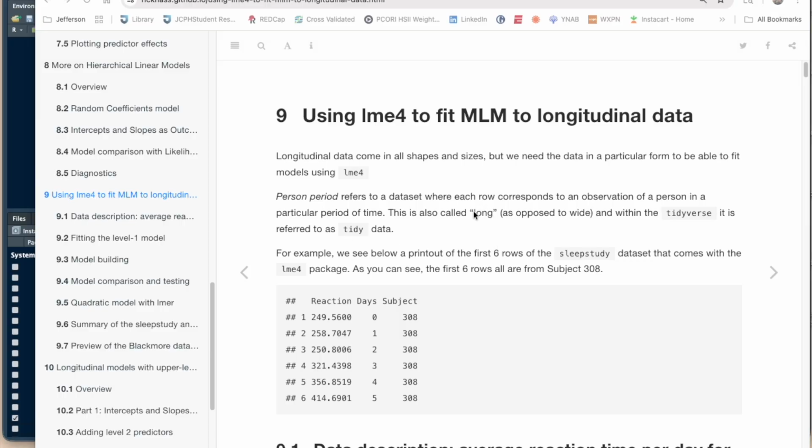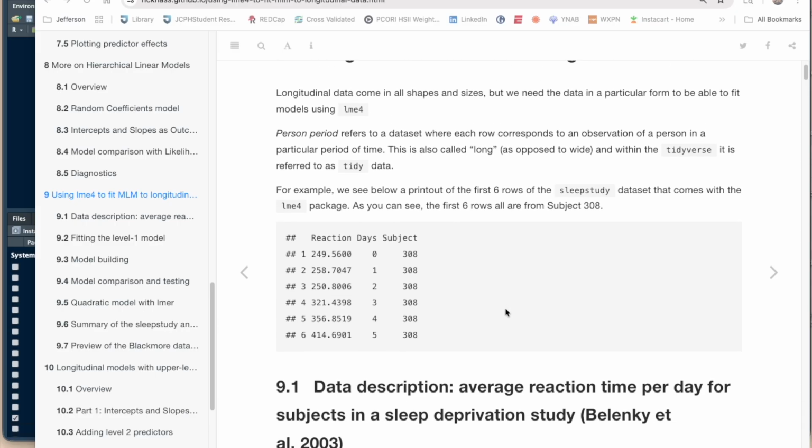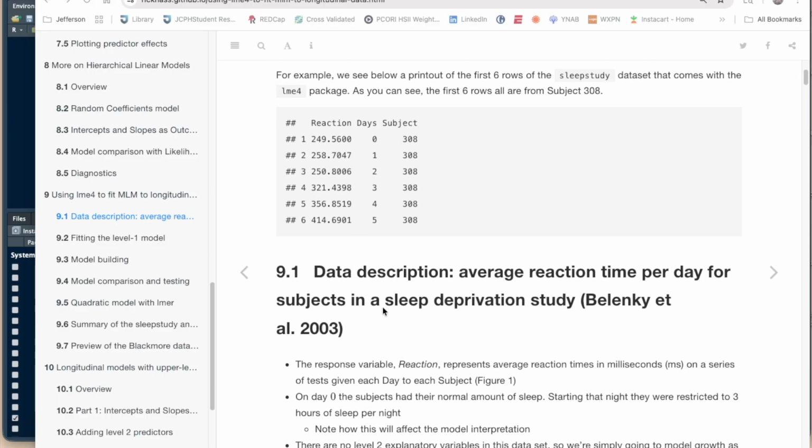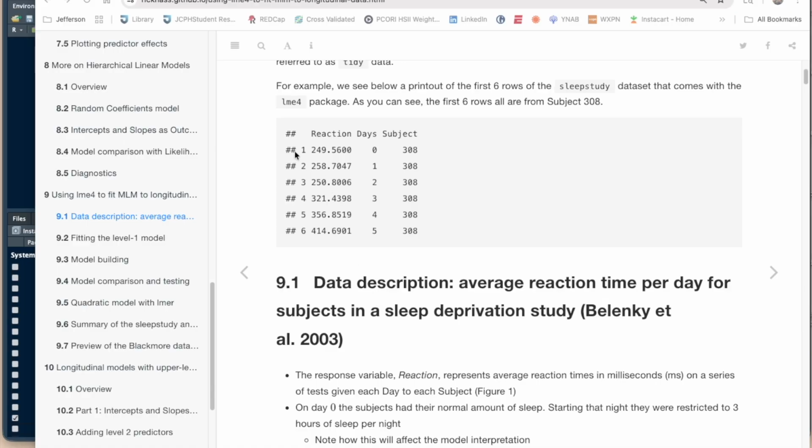It's called long as opposed to wide because it's in what we call person period format, which means each row identifies a unique observation at a certain point in time for a certain person.